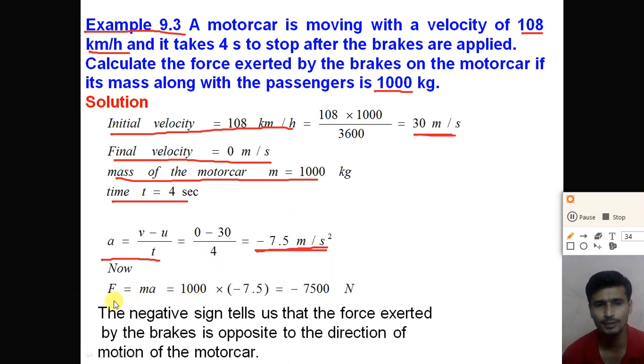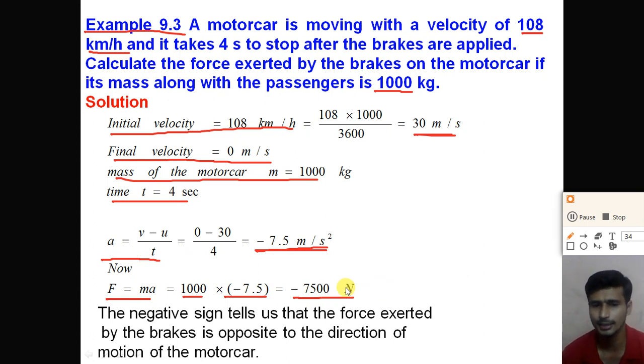Now according to Newton's second law, F is equal to m into a. m is 1000 and a is minus 7.5. We get the answer minus 7500 Newton. So the force exerted by the brake on the motor car is minus 7500 Newton.